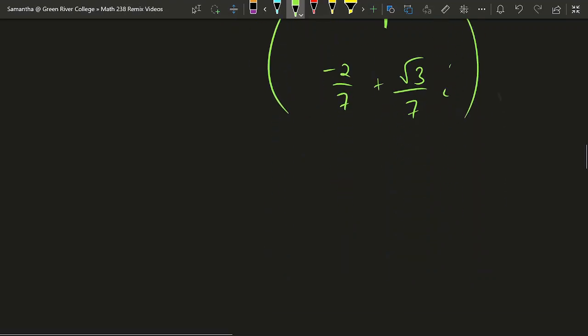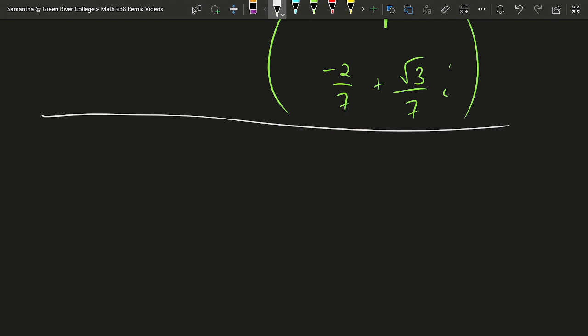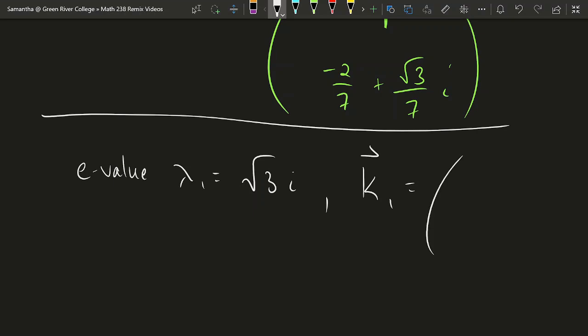So altogether, eigenvalue number 1 was positive √3i, and the corresponding eigenvector, I might call it k1, was 1, negative 2/7 minus √3 over 7.